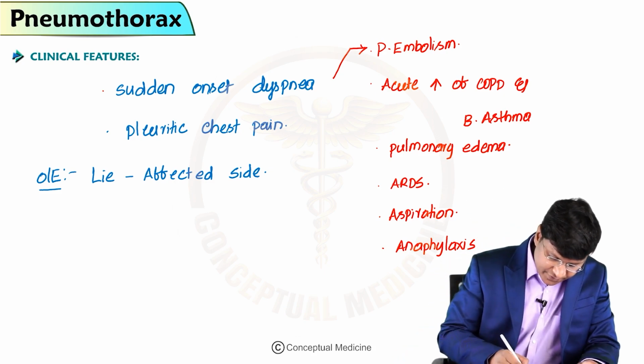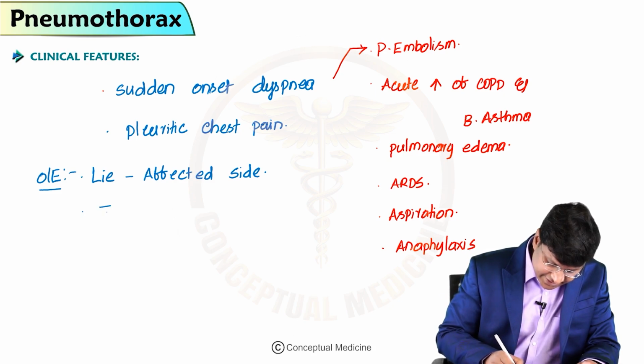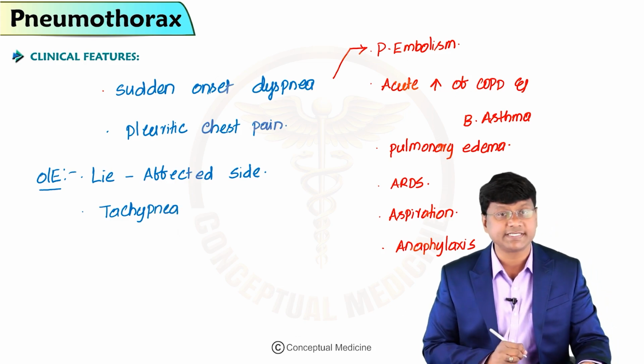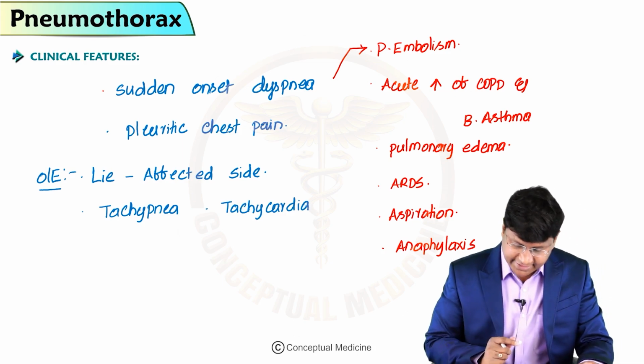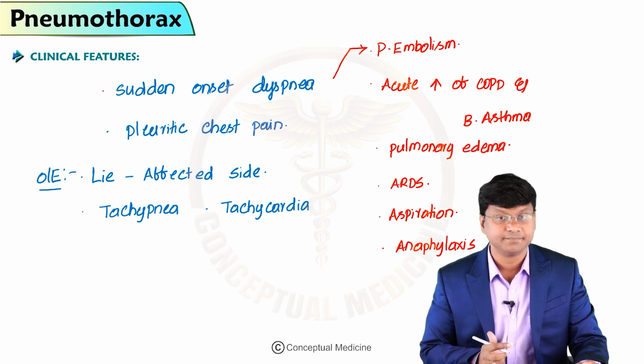In these patients, the respiratory rate is very high, and we call it tachypnea. There is also an increase in the heart rate, that we call tachycardia.